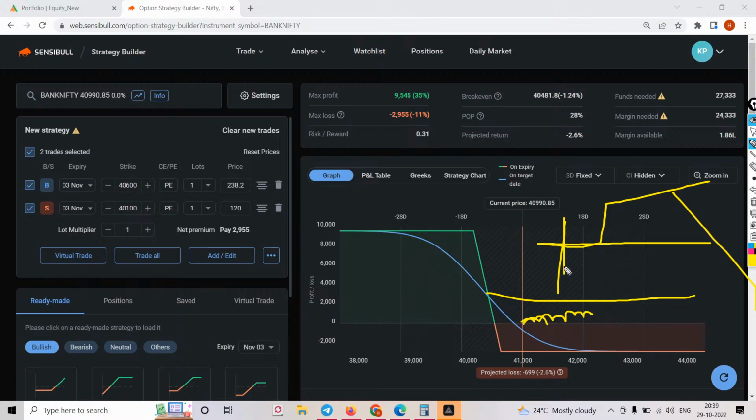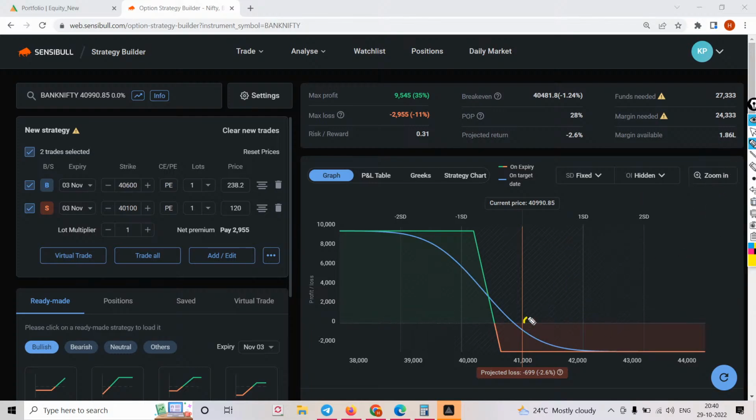Guys, answer me one question. If your view went wrong, are you targeting to come out with a profit, or to minimize your loss, or to make your loss zero? What is your ideal situation? Let's say you've deployed the put debit spread and the market started going upside. You are deploying the contra trade. What is the purpose of the contra trade?